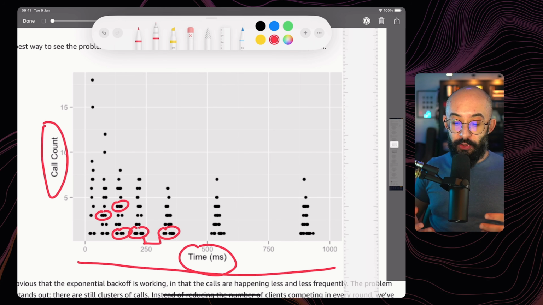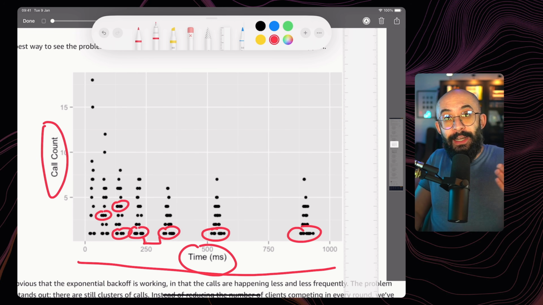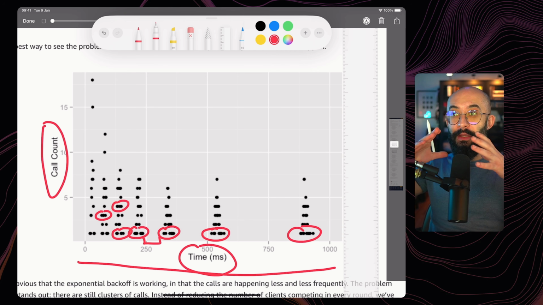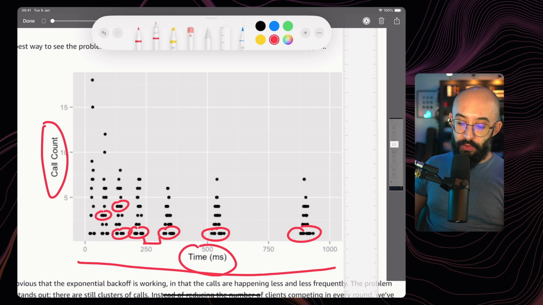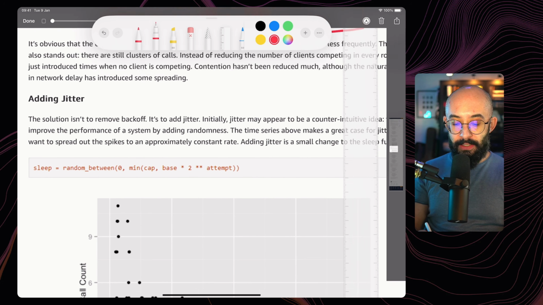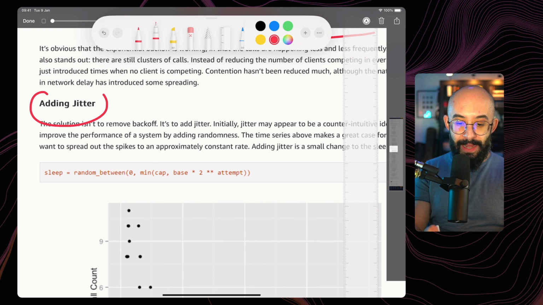But if we are observing clusters in our distribution of calls over time, here it's getting worse. That doesn't really solve our problem. Then the formula we have just simply distributed these calls over a longer period of time, but it clumped them together in specific buckets. So in order to solve this, they actually did something interesting, which is to add jitter.